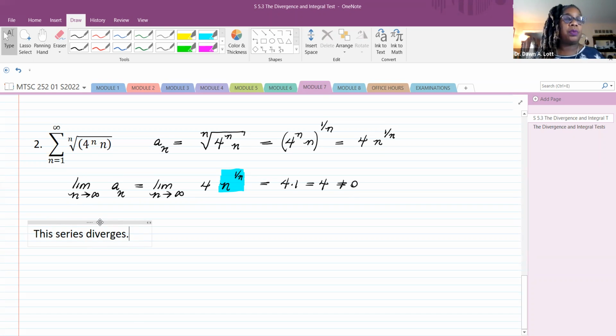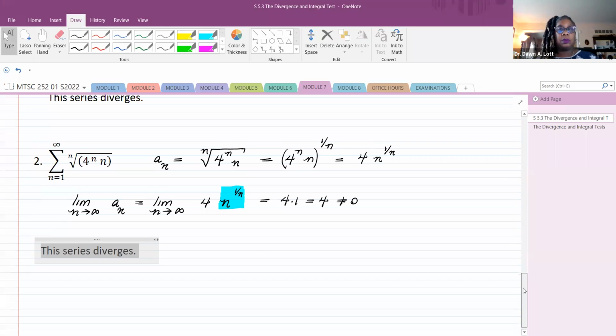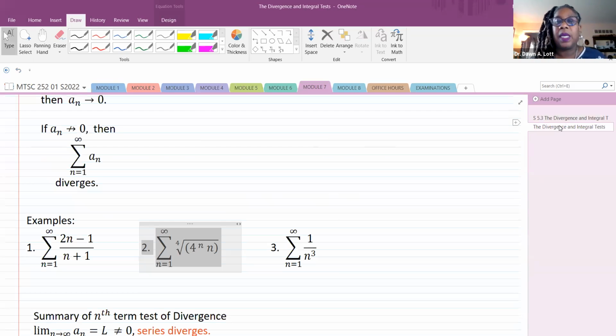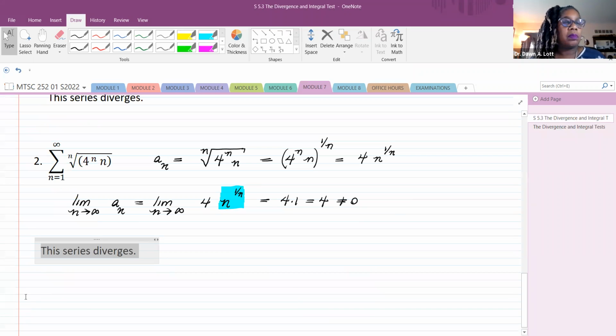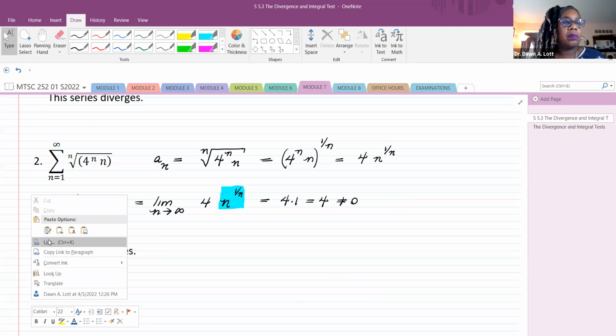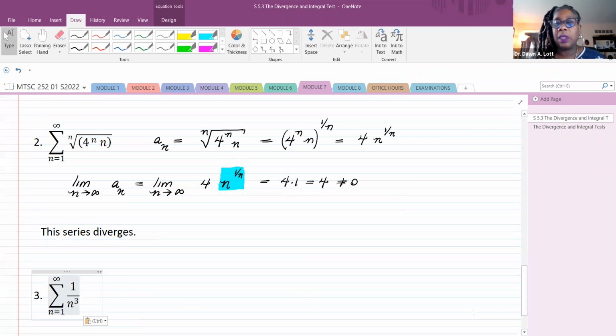It's just that simple, but you just have to know how to take the limit of your function. Okay, a nice easy one.